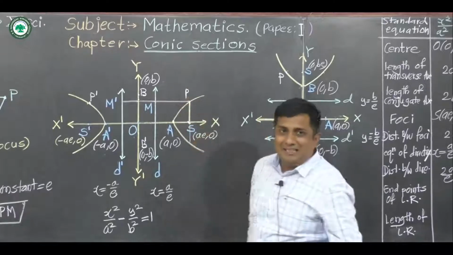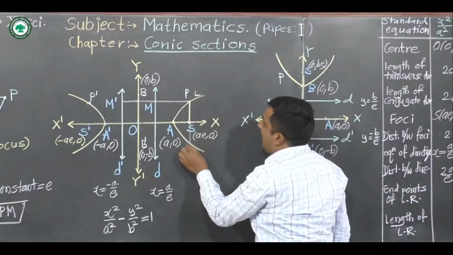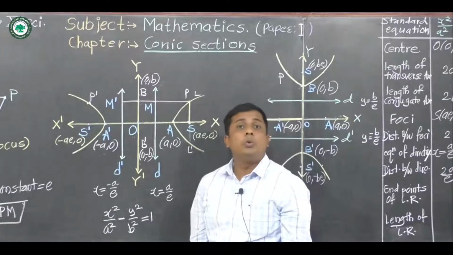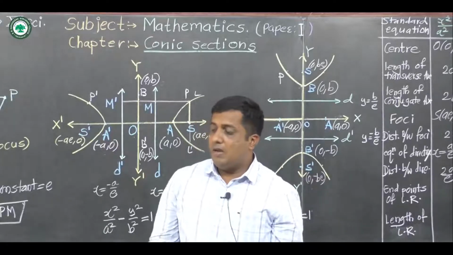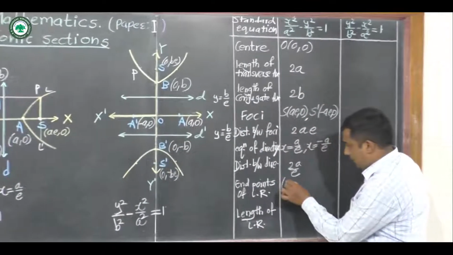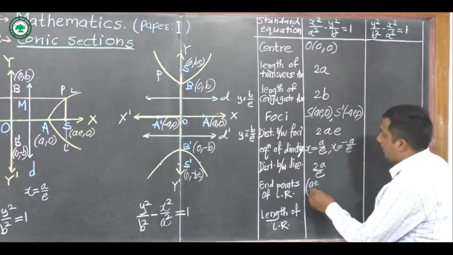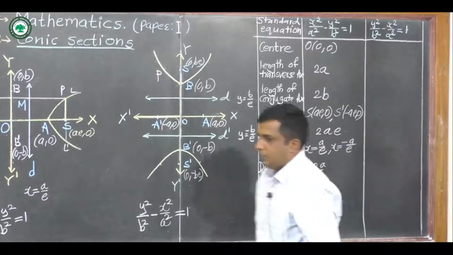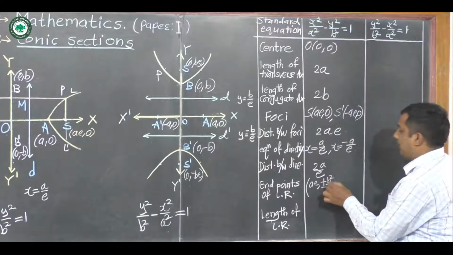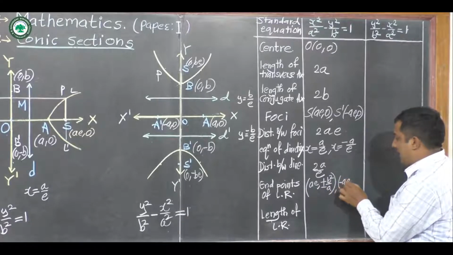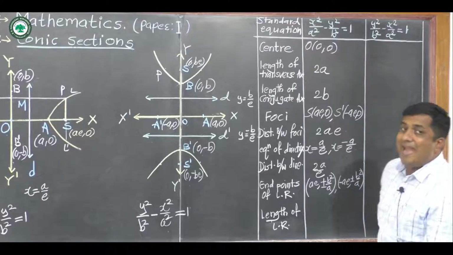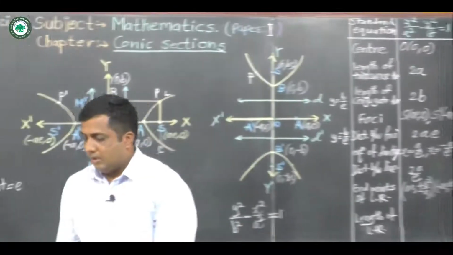The points on the latus rectum are L and L dash, and remember this latus rectum passes through the focus. The coordinates of the endpoints of the latus rectum are (AE, plus minus B square upon A) and (minus AE, plus minus B square upon A). So these are the endpoints of the latus rectum.